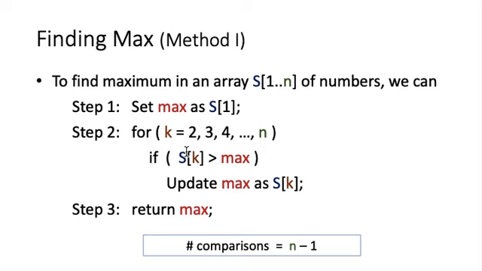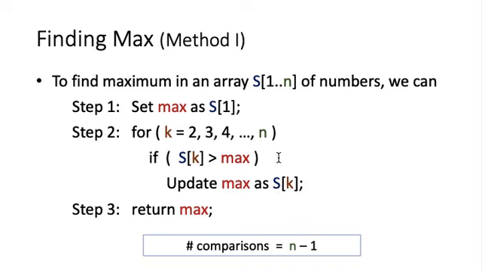After that, we will scan this array S item by item, so that whenever the item that we scan has a value greater than the current max, we will update max to the value of S[k].